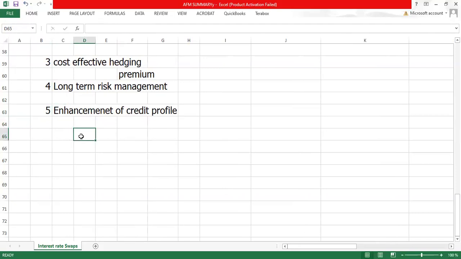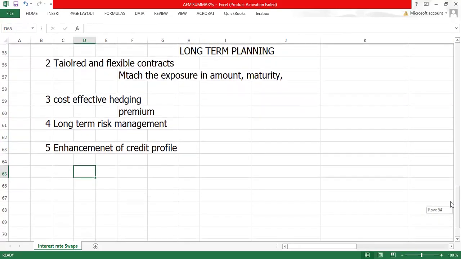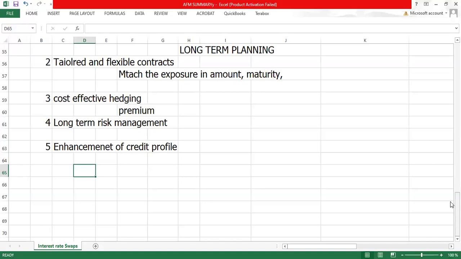What else can we put, guys? There are many points. There is the issue of flexibility. We have talked about the flexibility part of it.